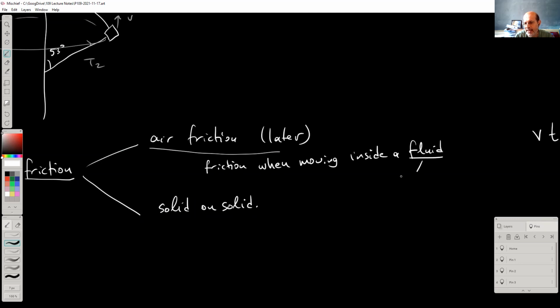A fluid is basically either a gas or liquid. The reason there's friction is that when you are moving inside a fluid, you set some gas molecules or liquid molecules in motion. Because of that, you lose energy, and that's the energy loss mechanism responsible for the frictional force. This is the correct way of dealing with this friction: you first have to see the energy concept, then we will see this.